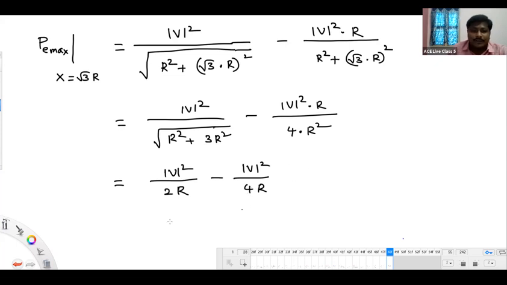If you simplify this, you are going to get |v|² by 4r. That is the maximized P maximum value. The condition is x equals root 3r.